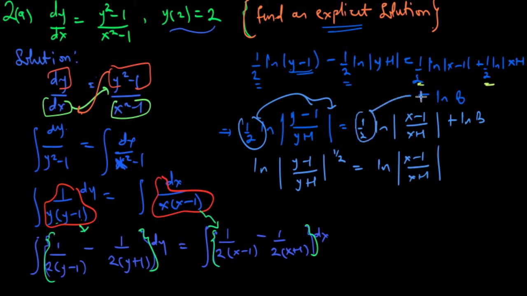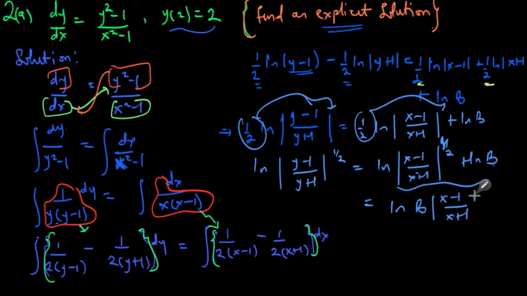The same thing happens here too. This comes here to the power half plus ln of b. Now on this side, we apply the laws of logarithm, so this plus this, we apply the multiplication rule, so that will be b into (x minus 1) all over (x plus 1) to the power half.